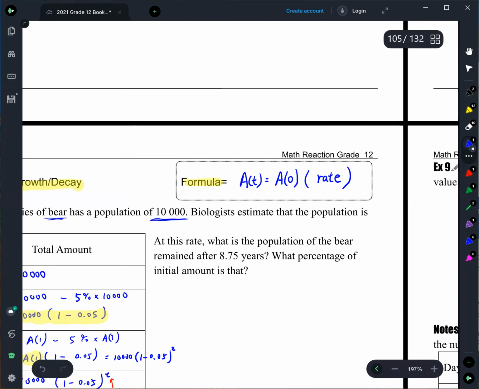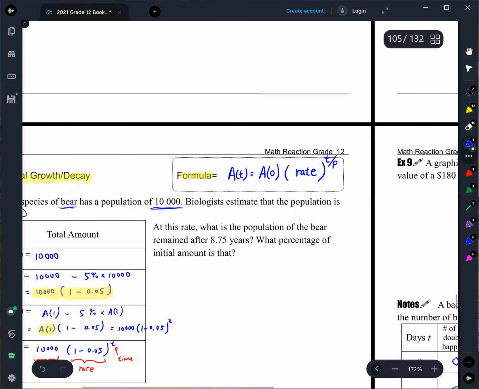If they say it's getting cut by half, to the power t over P. So this part, the P is called the life period. Okay, this is the initial. This is the final amount. This is the rate. Well, just rate. Growth rate. Could be decay, could be growing.